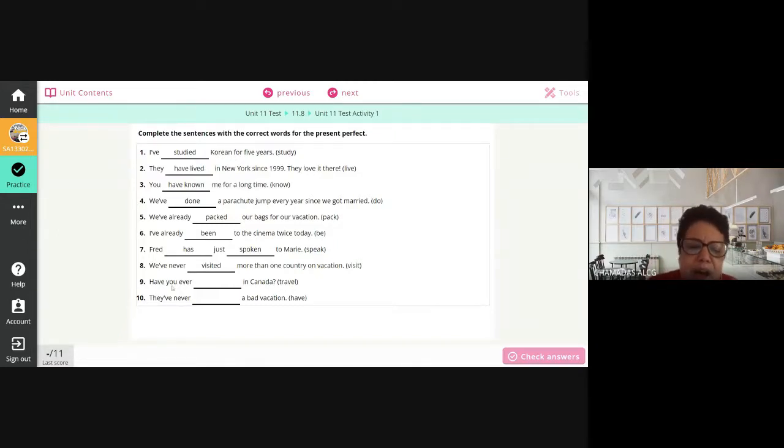Number 9. Have you ever in Canada? So here it's a question and there is an auxiliary. The auxiliary is here. I just need to put the past participle of the main verb, travel. What is the past participle? Travel is regular.